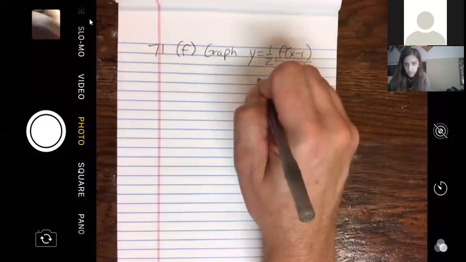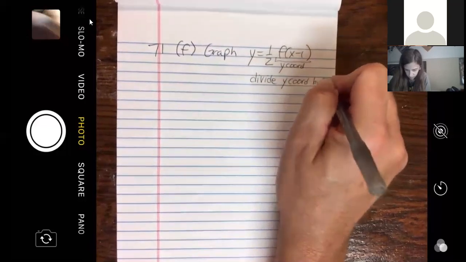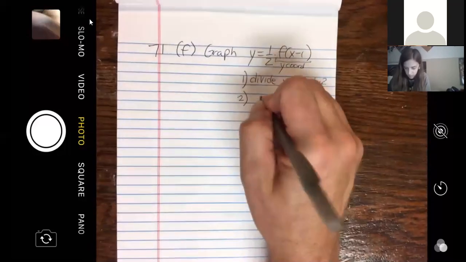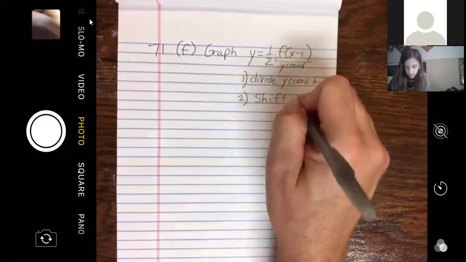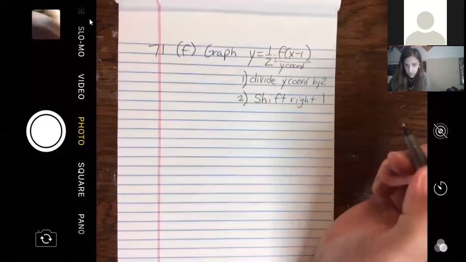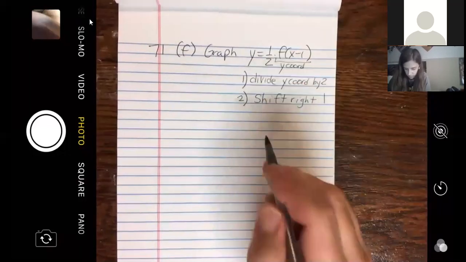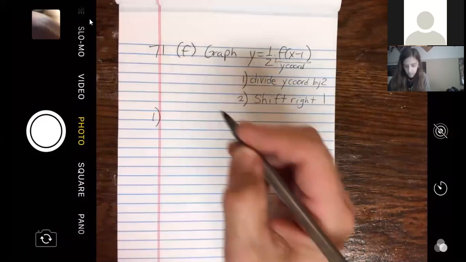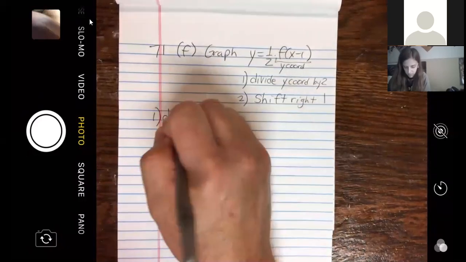So you're dividing the y-coordinate by 2, multiplying by 1/2 divides by 2. Then that's step 1. Step 2, shift right 1. So I'll show these as separate graphs. So step 1, divide y-coordinate by 2.